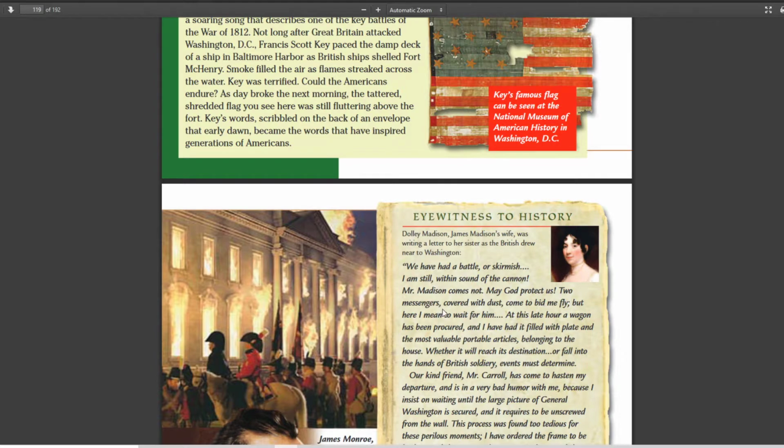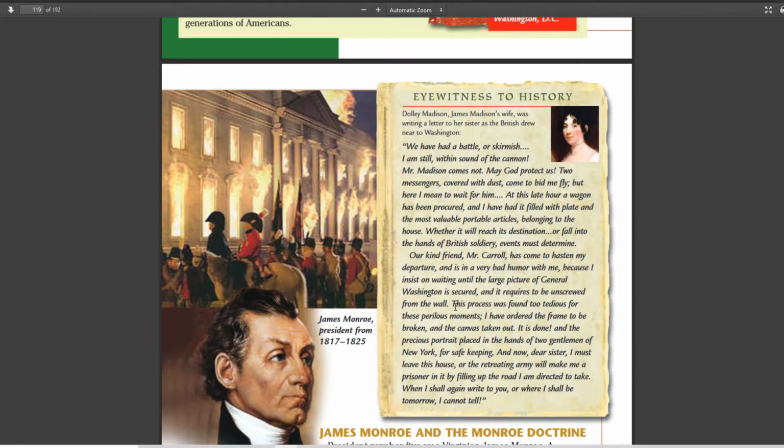Another great story is the story of Dolly Madison. President Madison has long since left the capital. She's left behind. The British are approaching the capital, and there's all these things in the White House, especially this one painting of General Washington that was bolted to the wall.